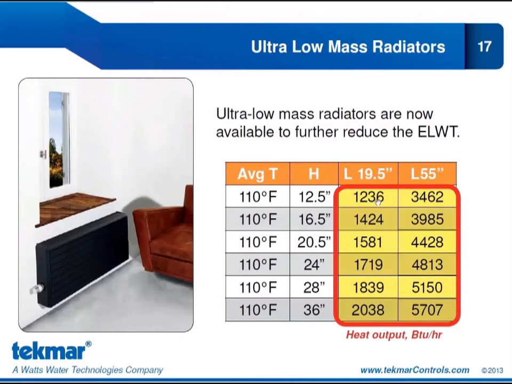So you can see we are moving from the low end, which would be the smallest height and length, and we would have a heat output here of just over 1200 BTU per hour, all the way to a length of 55 inches and a height of 36 inches, which is going to give us just over 5700 BTU per hour. So quite a significant heat output with very low water temperatures.